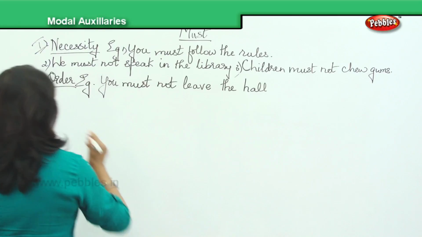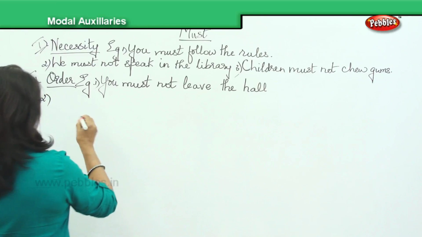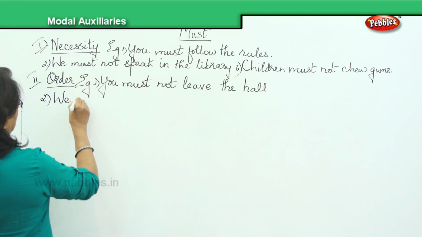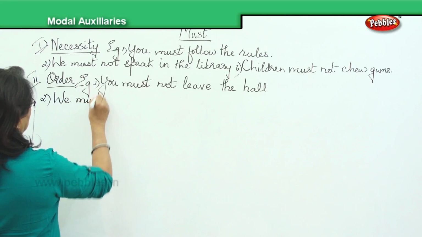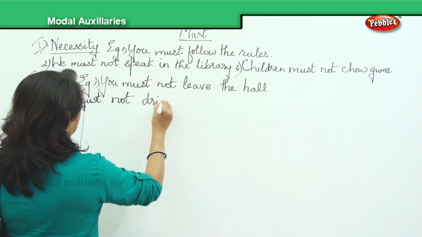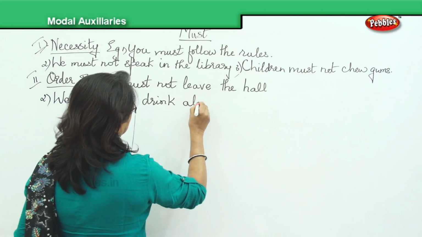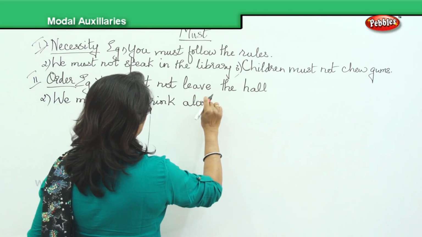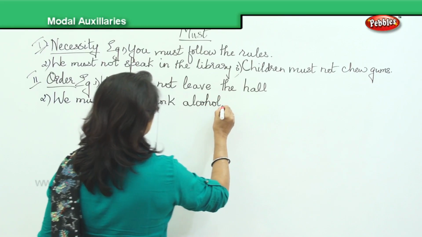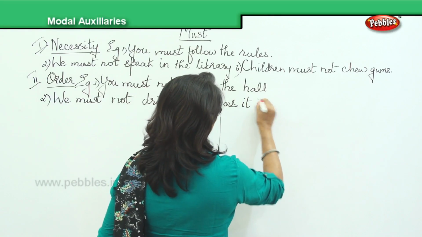Okay. Next one, can we have another example? We must not drink alcohol as it is bad for health.